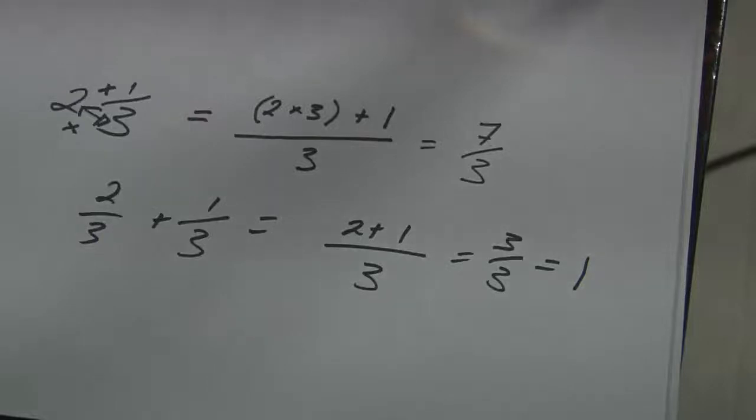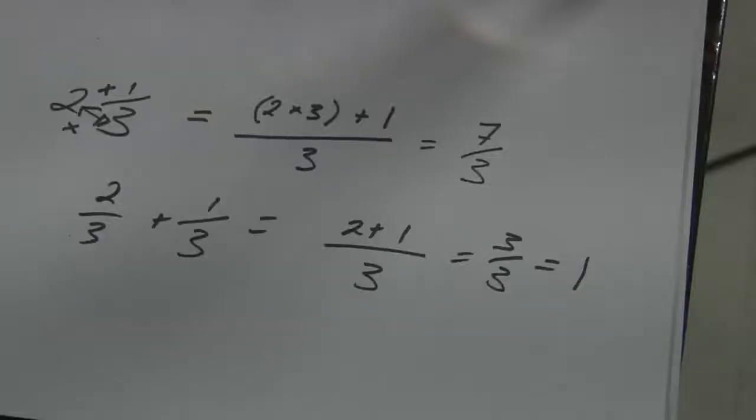So if you realize that when you are adding these fractions, you're not getting 1, then 1 or more of your fractions might not be correct. So in this case, 2 over 3 plus 1 over 3 gives us 1. So that's how you express one quantity as a fraction of the other.